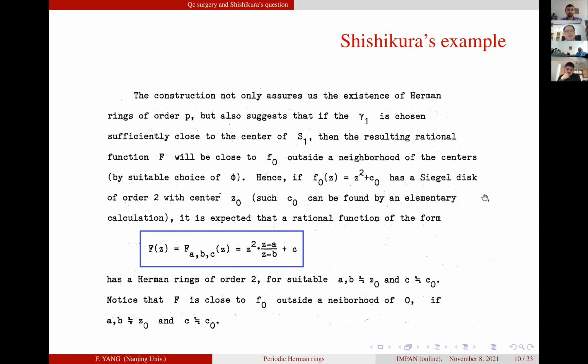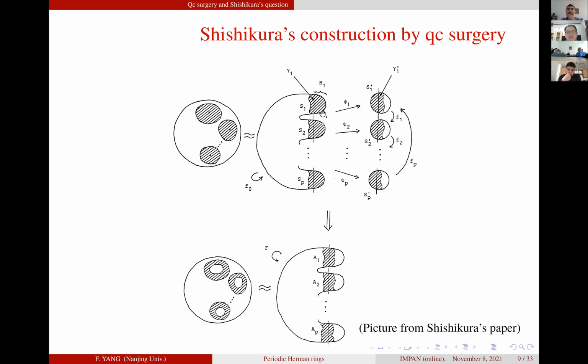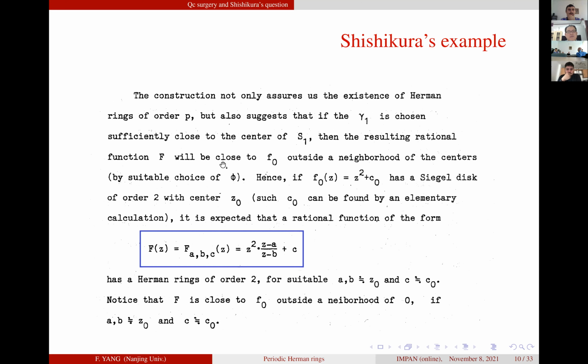In his paper, he said the construction not only assures us of the existence of Herman rings of period p, but also suggests that if gamma 1 is chosen sufficiently close to the center of S1, where S1 is the Siegel disk, that means if this cap is very close to the center of the Siegel disk, then the resulting map big F will be very close to the original rational map F0 outside a neighborhood of the centers.